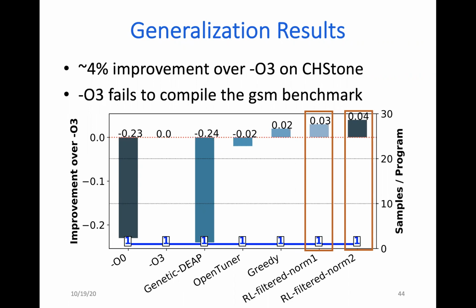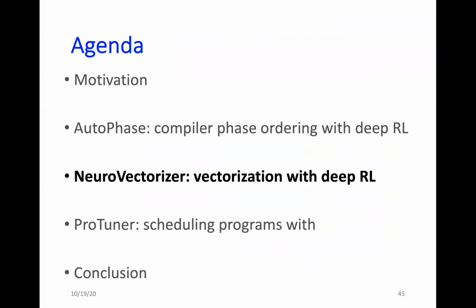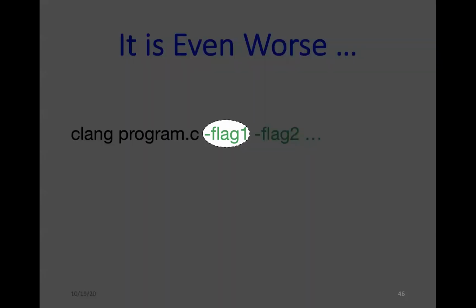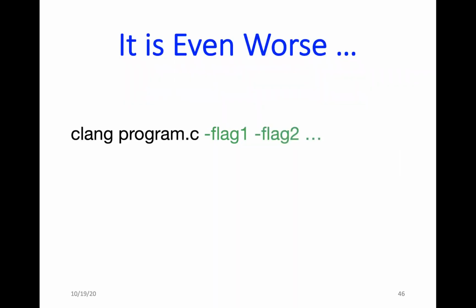Now, I showed you AutoPhase, and next I want to show you the next step that we took after AutoPhase, which is NeuroVectorizer. So just a reminder, with AutoPhase, we compiled the program, we gave it a bunch of flags, and we wanted to determine which flags and in which order we should provide them.